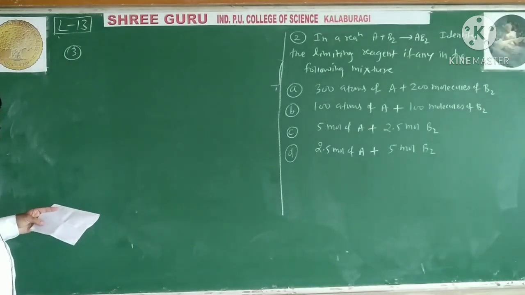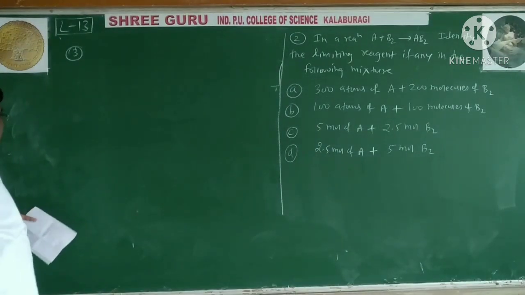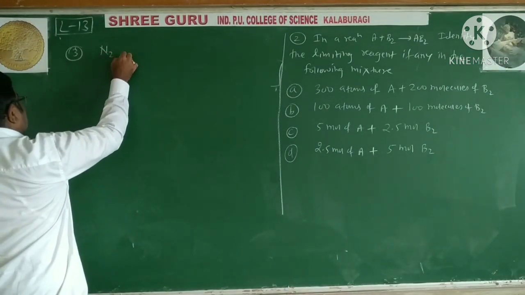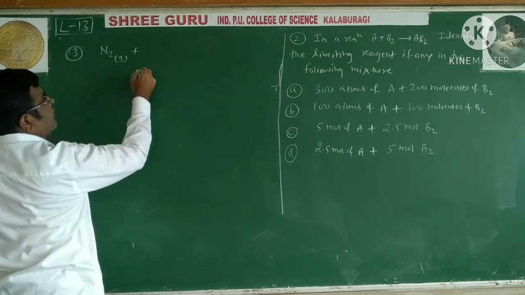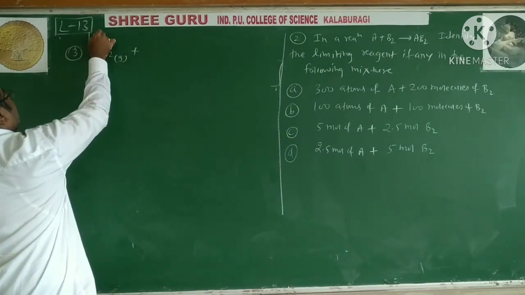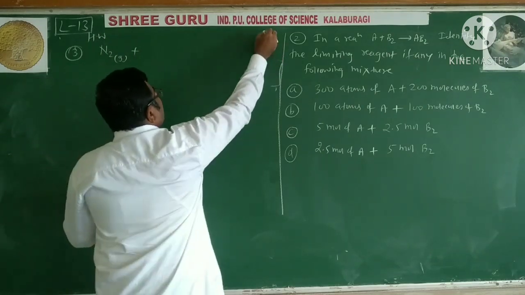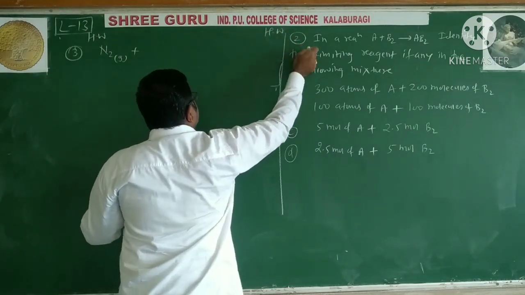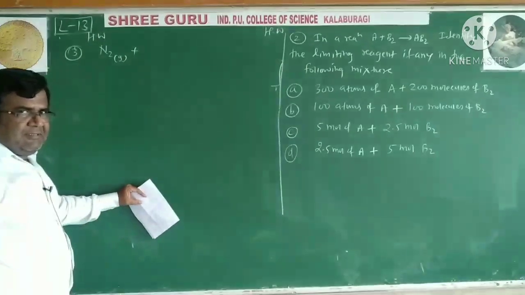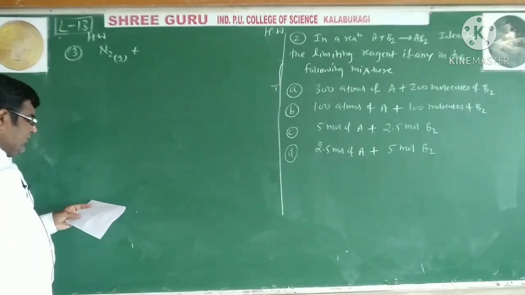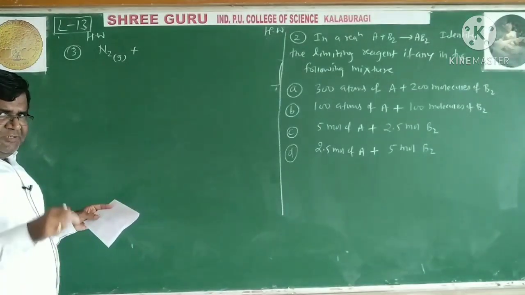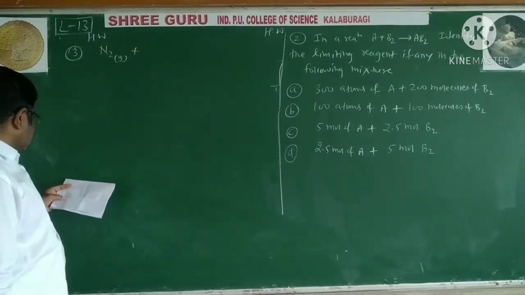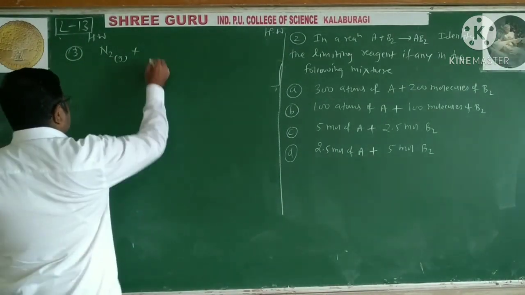If you try, you will definitely get these answers. Now, the third one is nitrogen. This is homework, and this is also homework, and this is from a textbook exercise. At the last part, after the completion of topics, combinations of questions are given. That is called an exercise, and you get this question there.